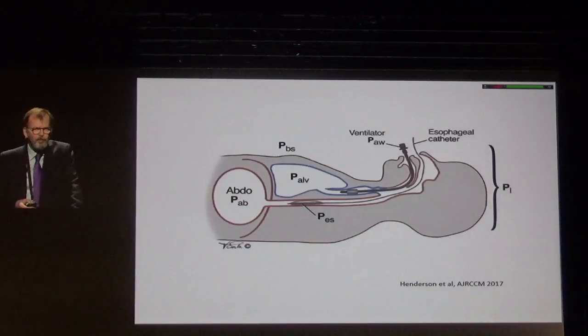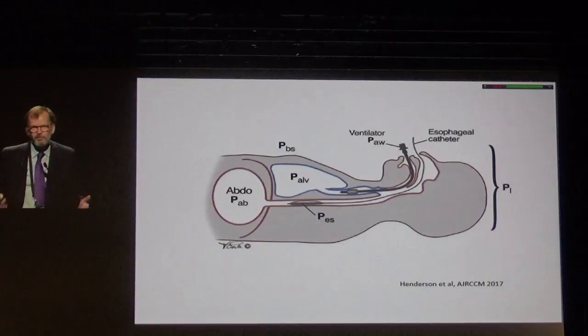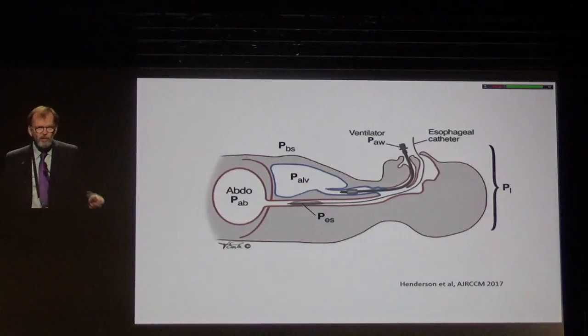So the esophageal pressure is a technique which measures the pressure in the chest, and I think it makes a lot of sense for us clinicians treating patients with acute respiratory failure to understand what this pressure is.